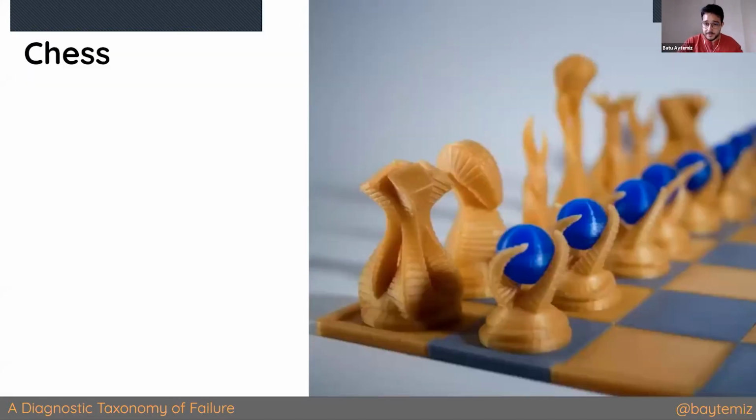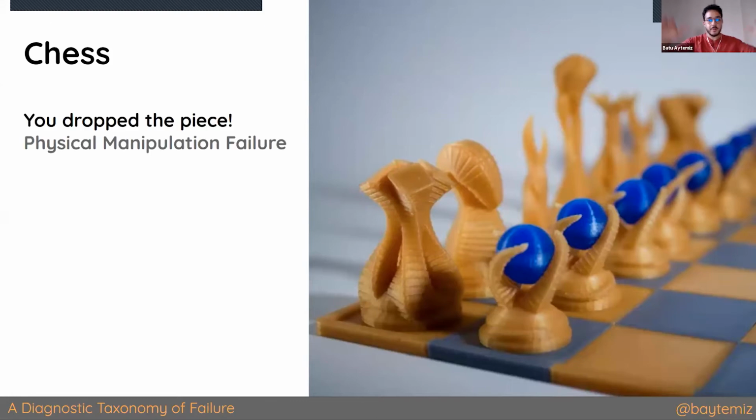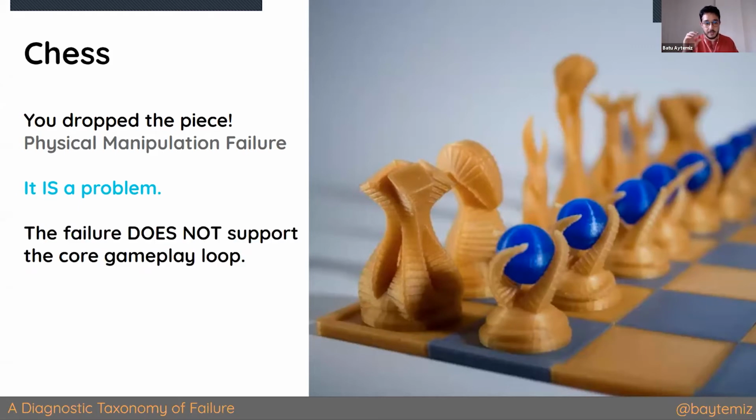So let's look at chess. Let's say you're playing chess, but it's a weird and kind of alien chessboard, and you drop the piece. Once again, it's a physical manipulation failure. It's literally the same. You picked up a piece, you dropped it, similar to Jenga. But in this case, it is a problem. You really don't want to be dropping pieces in chess. So this is a failure and this is a problem because the failure does not support the core gameplay loop.